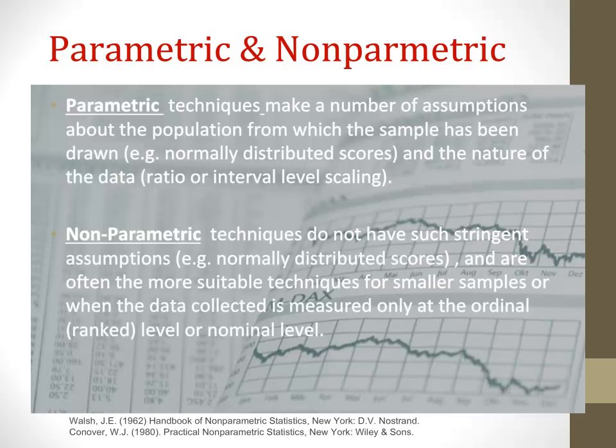As I said, it is generally easier to list examples of types of procedures, parametric versus non-parametric, rather than define them. In fact, the handbook for nonparametric statistics from 1962, and I know that's quite a few years ago, but this still holds true today, says this: a precise and universally accepted definition of a nonparametric is presently not available.